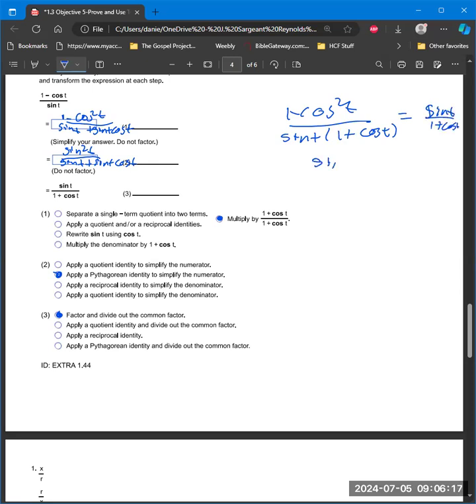I would have made this sine squared of t over sine of t times 1 plus cosine of t. And I would have canceled here. And I would have gotten sine of t over 1 plus cosine of t is equal to sine of t over 1 plus cosine of t, like that.